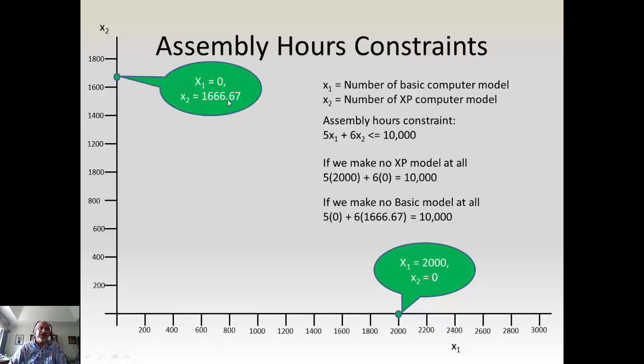Okay, of course we cannot make 0.67 of a computer. It has to be either 1666 or 1667. But remember, we're going to be looking at some properties later where the divisibility of the decision variables is a required prerequisite for LP modeling, and that is, the decision variables can take all values in a continuous number line.